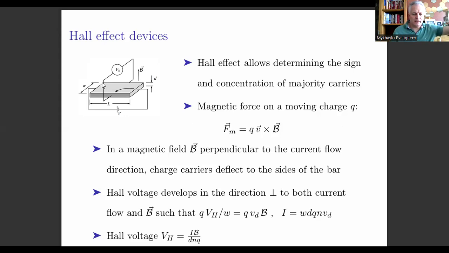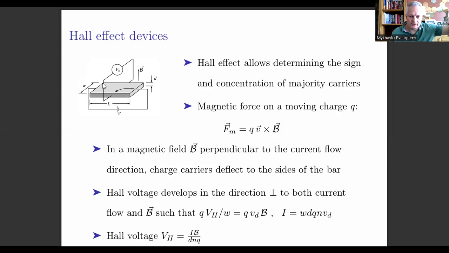This means that the electrons will feel a force out of the plane of the figure, and as a result, they will drift slightly out of the plane of the figure, that is, toward that side of the semiconductor bar which is closer to us. This side will be charging up negatively.